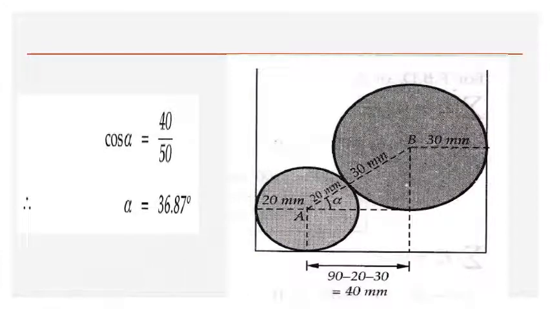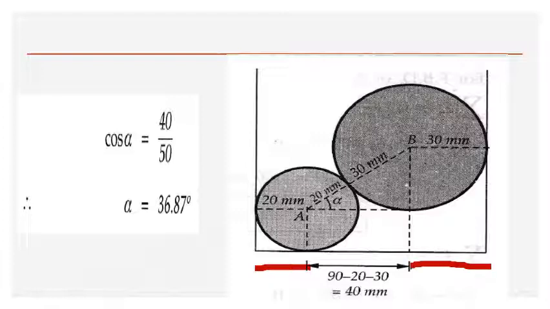The points A and B are marked as the centers of the two spheres. The first sphere is of radius 20 mm, the second sphere is of radius 30 mm. So this length is nothing but the radius, that is 20 mm, and this length is the radius 30 mm.